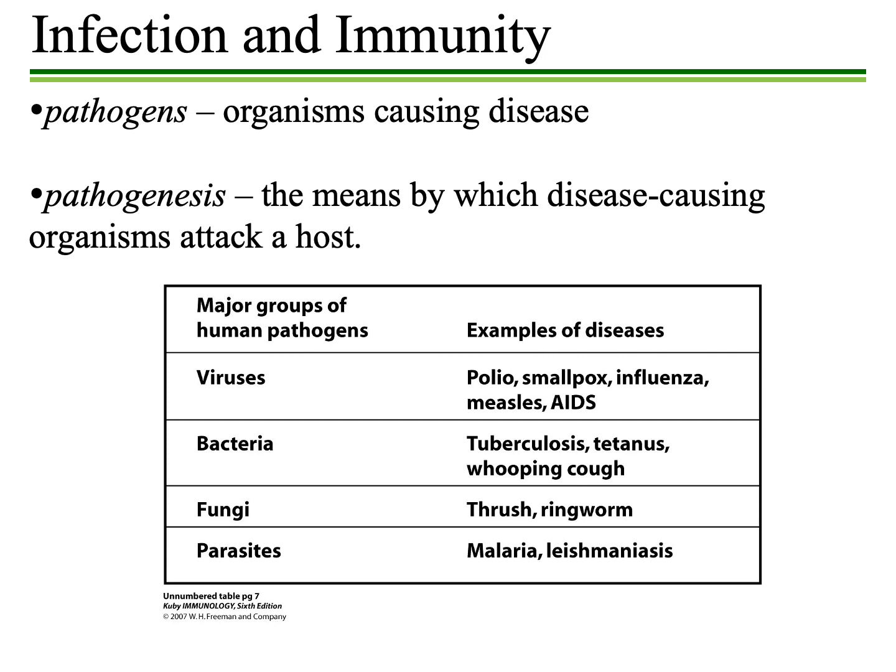our immune response. At the beginning of the semester, we discussed the fact that a pathogen is an organism that causes a disease. Pathogenesis is the means by which the disease-causing organisms attack the host. We discussed then that there were four broad categories of pathogens.